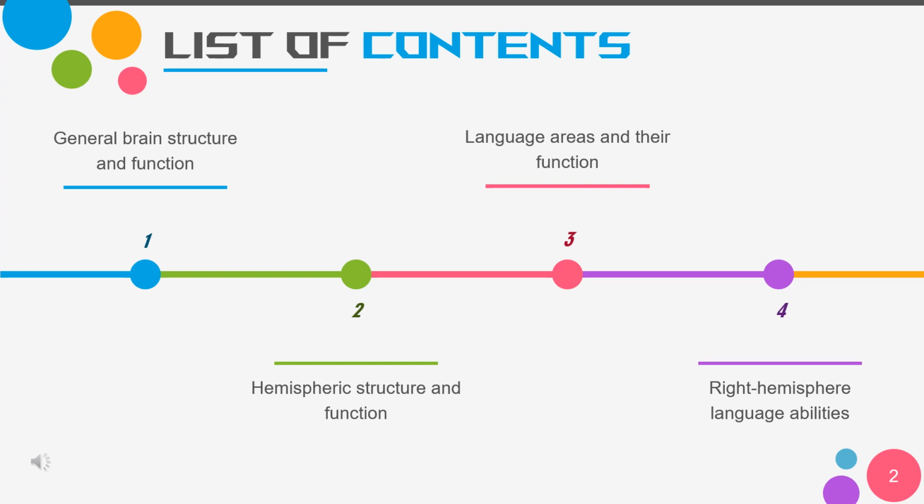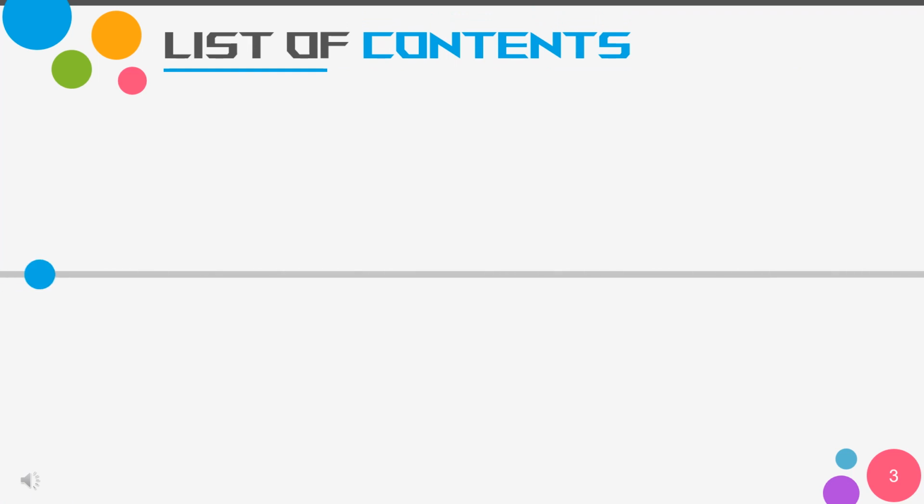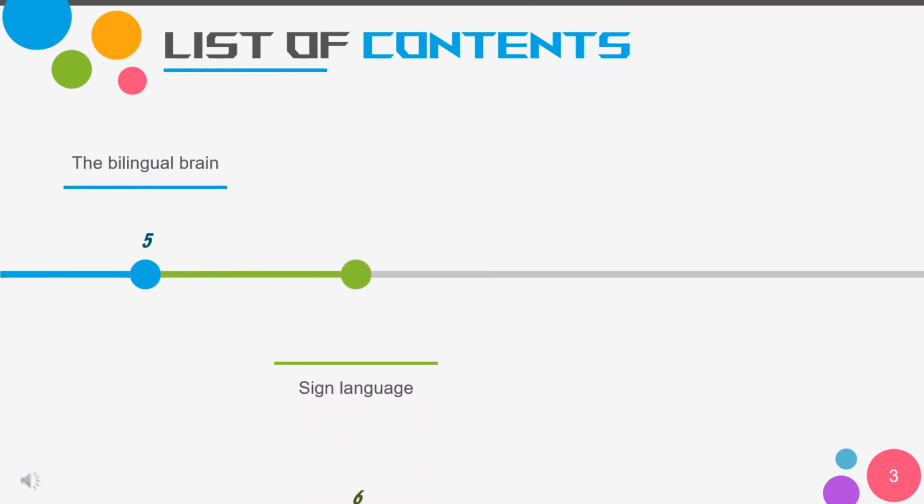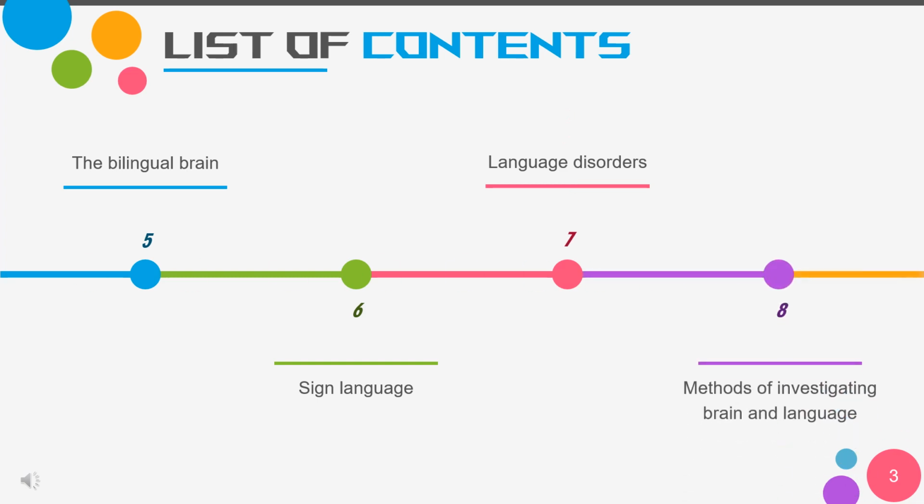The material consists of general brain structure and function, hemispheric structure and function, language areas and their function, right hemisphere language abilities, and then the bilingual brain, sign language, language disorders. By the way, the deep explanation about language disorders will be explained by the next presenters.